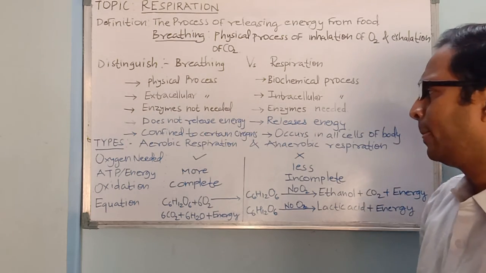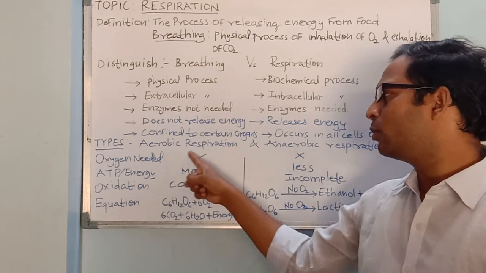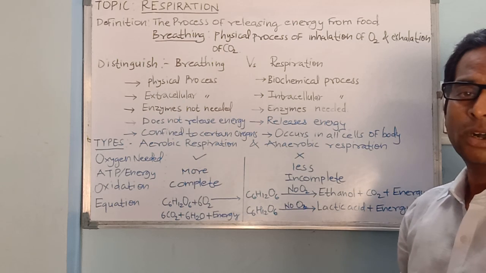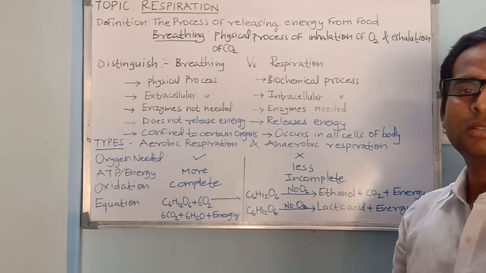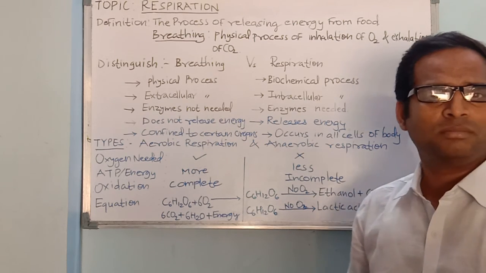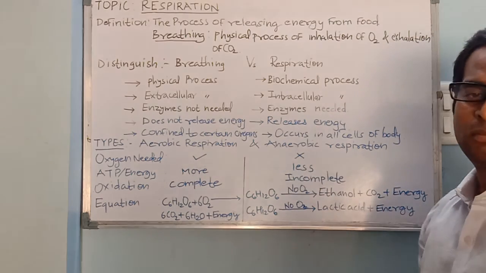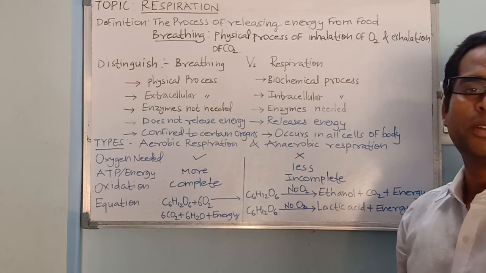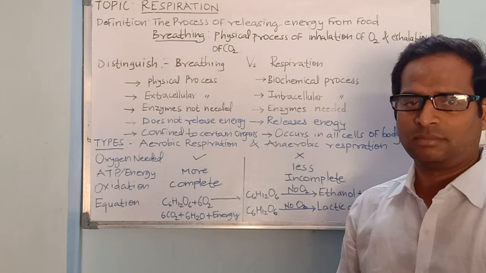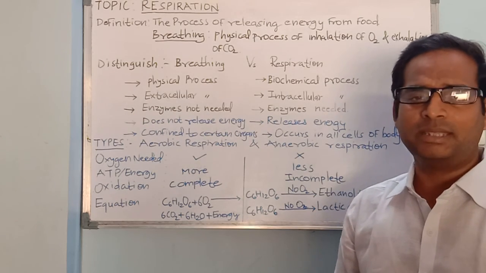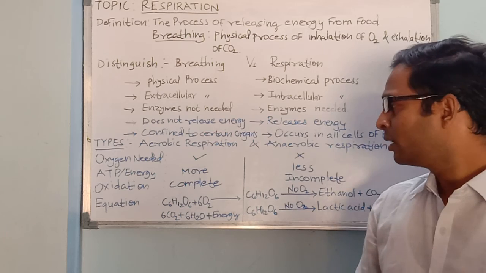Why do we call this aerobic respiration? Because it occurs in presence of oxygen. Why do we call anaerobic respiration? Because it does not require oxygen, that is, it takes place in absence of oxygen.